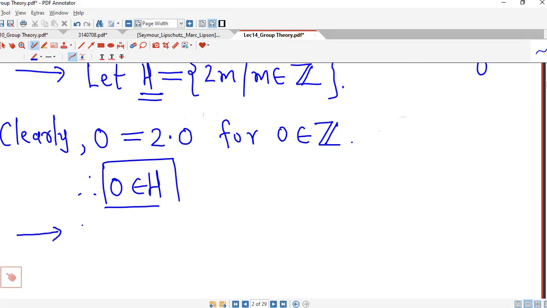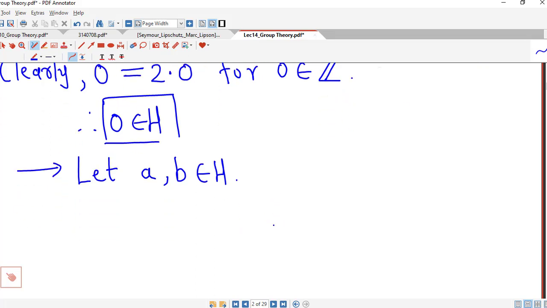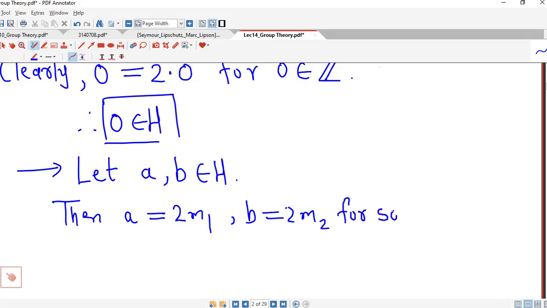The second requirement is, if we take any two elements in H, say a, b in H, then we have to show that a plus b must be in H. Suppose a, b in H, then we must have a equal to 2 into m1 and b equal to 2 into m2 for some integers m1 and m2.